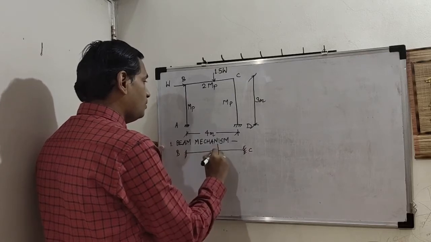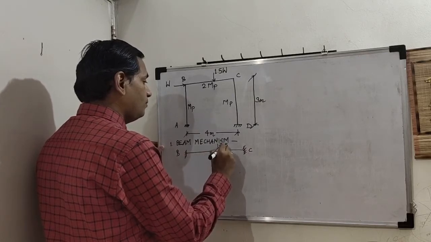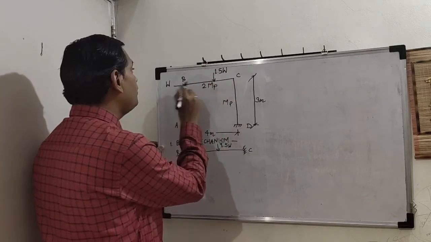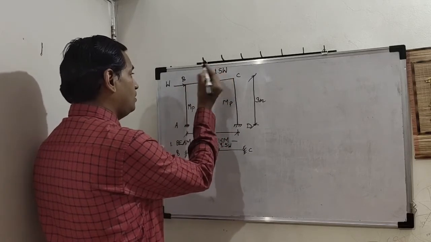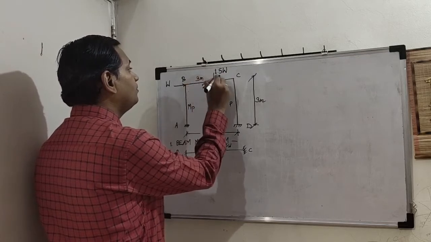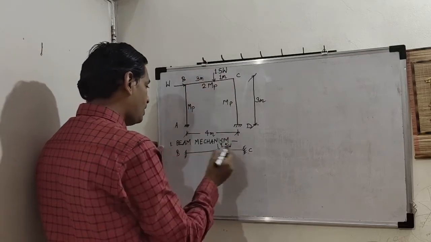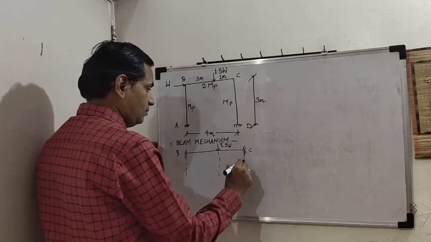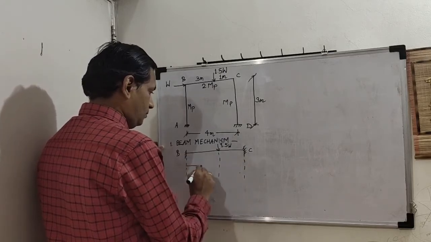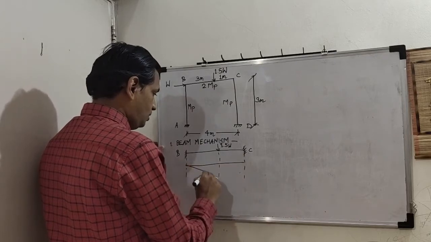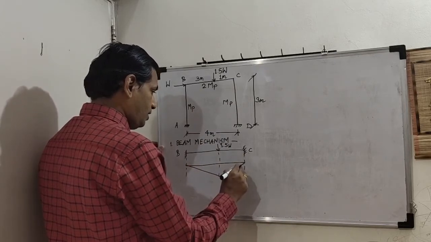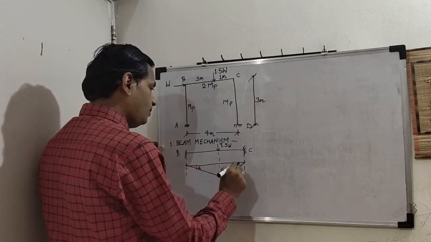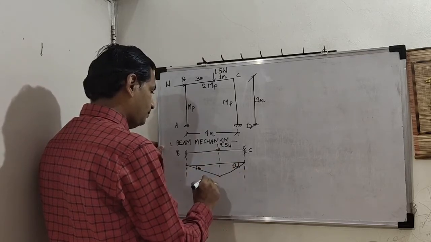And here is our load 1.5 W. We shall assume the distances as 3 meter and 1 meter. So this is not a symmetric loading, so rotations on both ends will be different, theta 1 and theta 2.